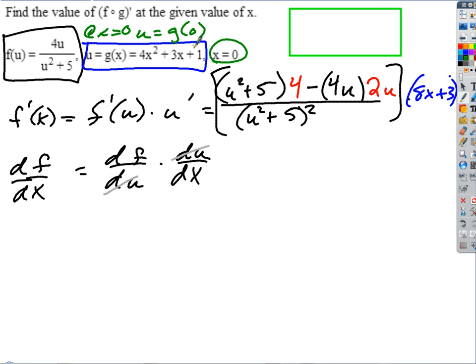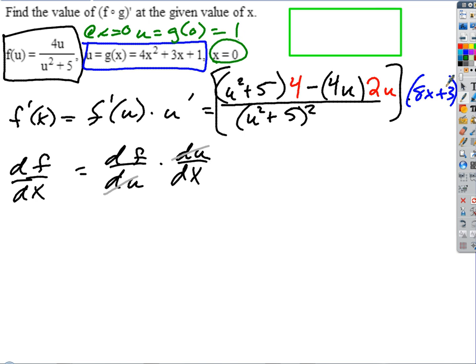What is it? 1. Right? So being as we're trying to just numerically evaluate this derivative, all of the u's, we're just going to substitute 1, because when x is 0, u is 1.